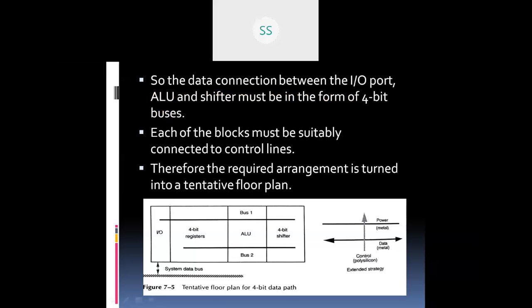Therefore, the data connections between the IO port, the ALU and the shifter must be in the form of 4-bit buses, because this is a system which takes two 4-bit numbers, performs an arithmetic operation in the ALU, and then the results are stored in the register again. So whatever the IO ports, the ALU and the shifter are, they must be in the form of 4-bit buses.